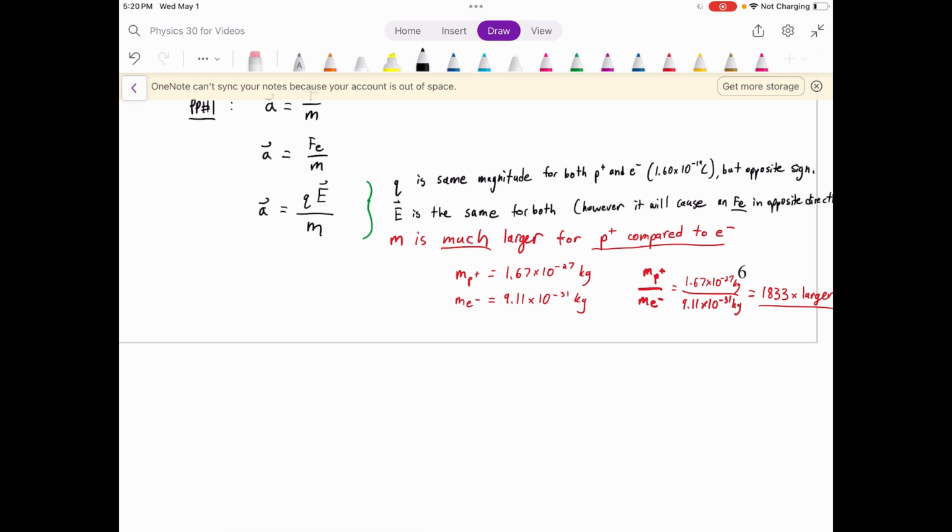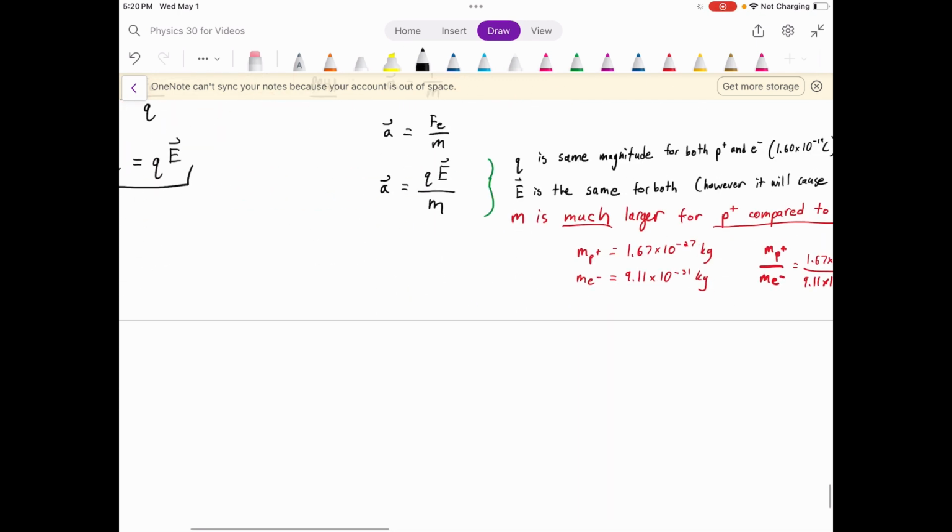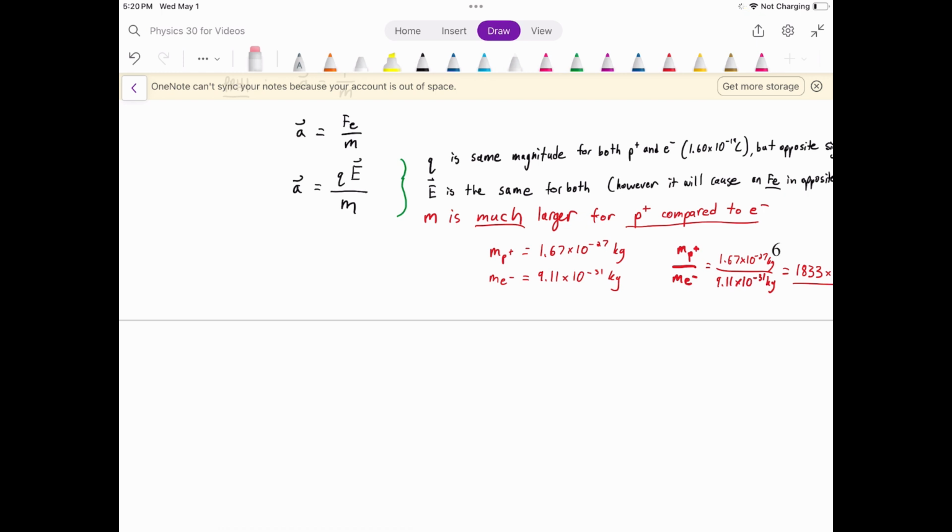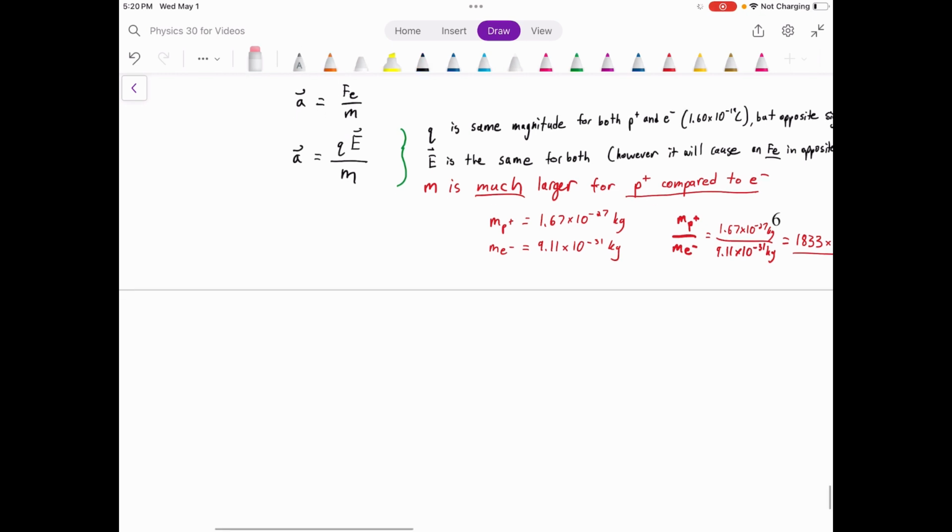So to summarize, we were asked to compare their accelerations. Here's what we found. Since we are dividing by the mass in the equation we built here to find acceleration, and the mass of the proton is 1,800 times bigger, right? We're dividing by a much bigger number for the proton than for the electron, giving us a much smaller acceleration for the proton than the electron.